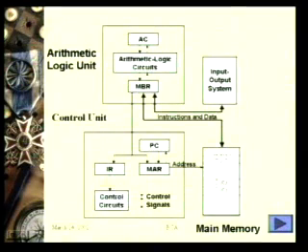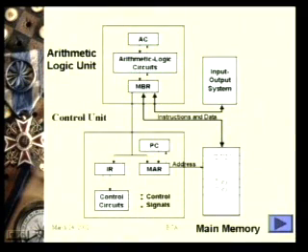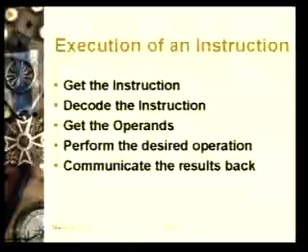How are they going to decode it? The operation code of the instruction will be used to determine what operation is to be performed, and in addition the rest of the instruction will be used to determine where exactly the operands are and how to get them.